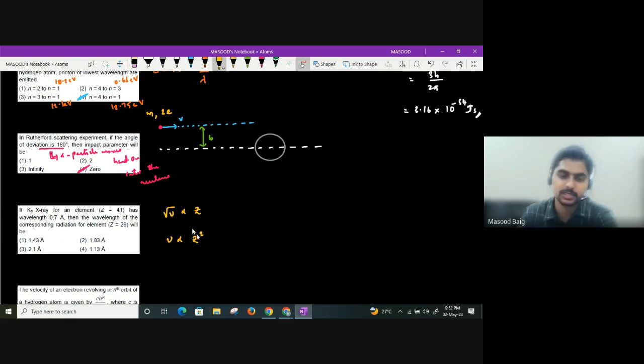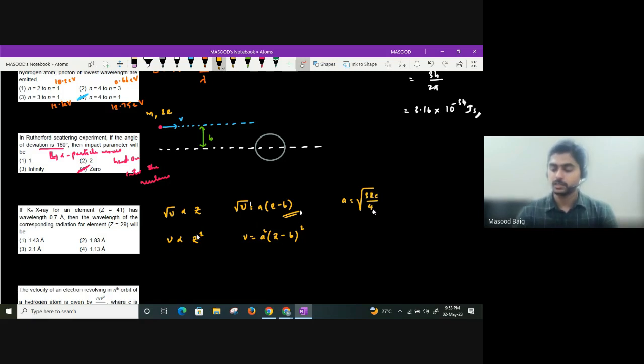Basically, root nu is equal to a into Z minus b, so frequency is a square into Z minus b whole square, where the value of a for K alpha X-ray is root over 3RC by 4, and the value of b is 1.